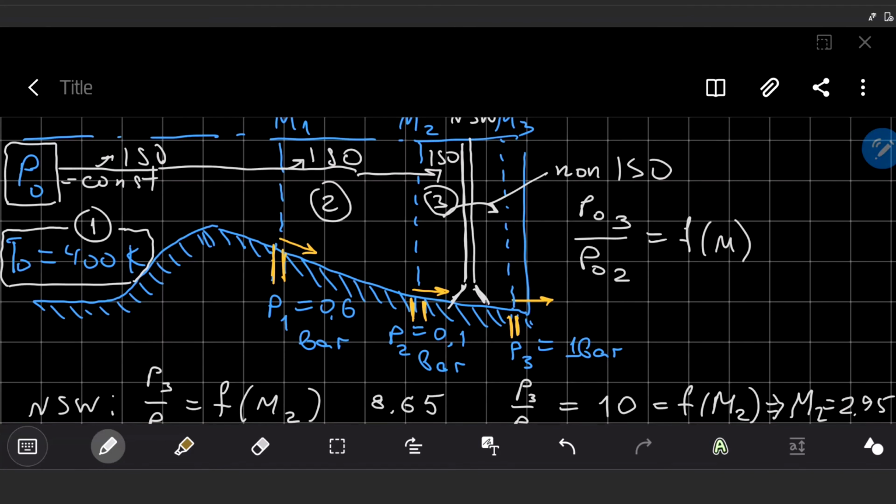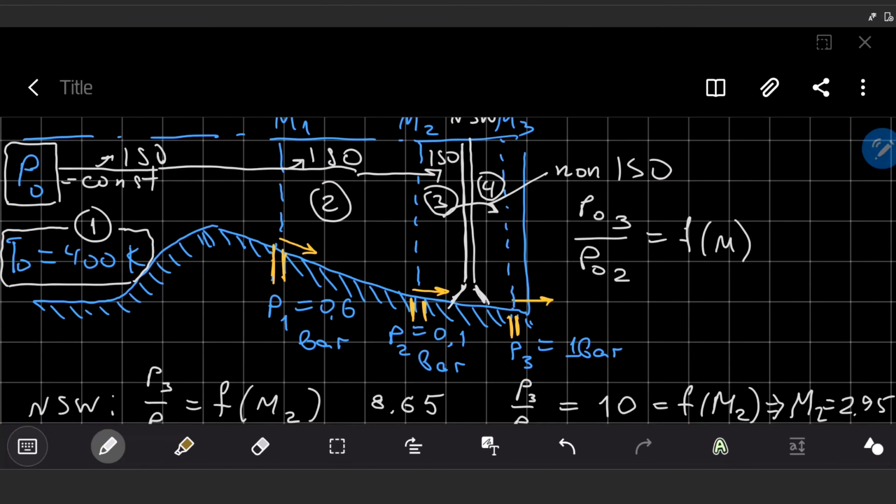And then we will make the transition from region 3 to region 4. Okay, 4 would be here. We will calculate the temperature here at the exit of the nozzle, where pressure is again 1 bar.